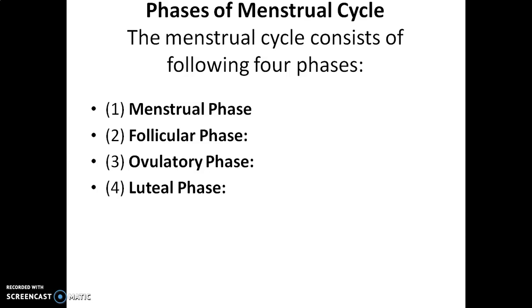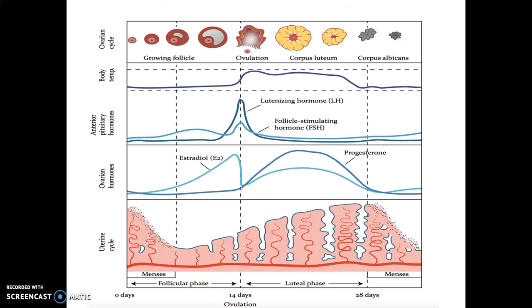The menstrual cycle involves 4 phases. First is the menstrual phase, then the follicular phase, then the ovulatory phase, and the last one is the luteal phase, and it cycles again. This diagram is there in our textbook. Here the ovulation days are denoted, and here you can see the uterine cycle, and the second part is the level of ovarian hormones.